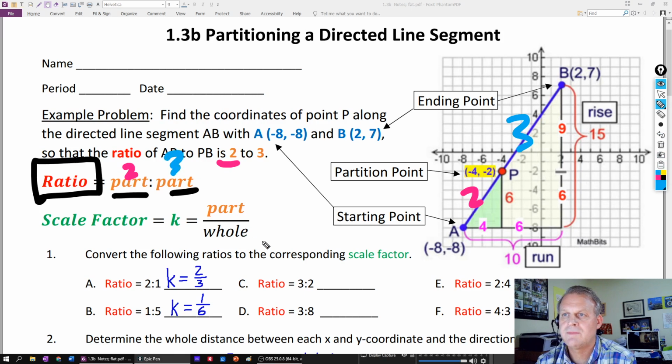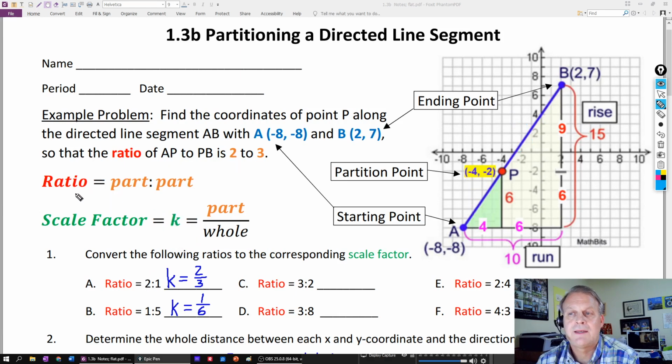To do this easily, we want to take the ratio and convert it into a scale factor. The variable we're going to use for scale factor is k, and scale factor is part to whole.